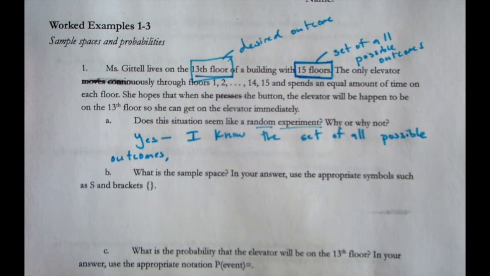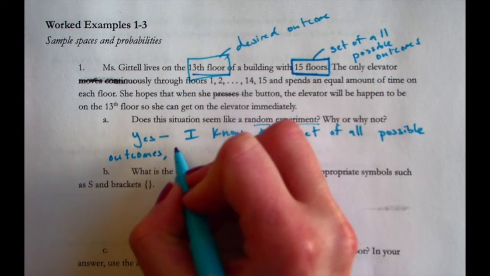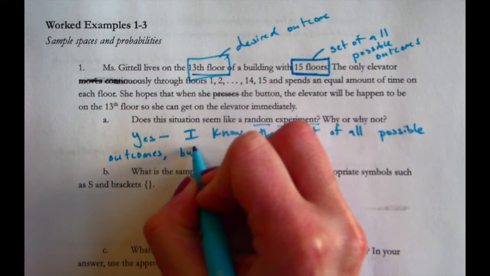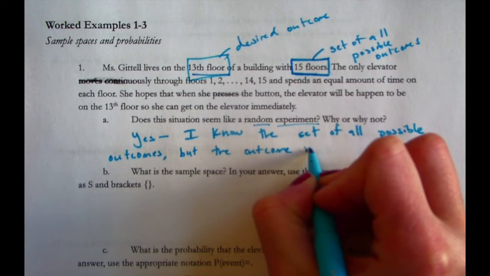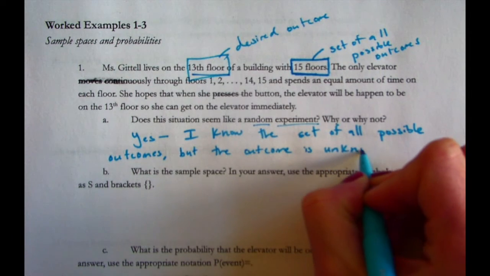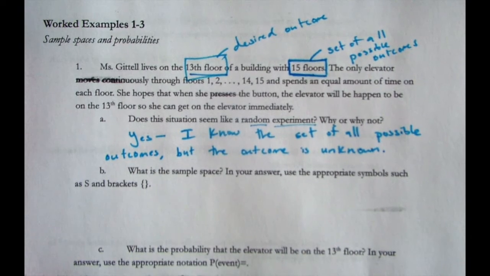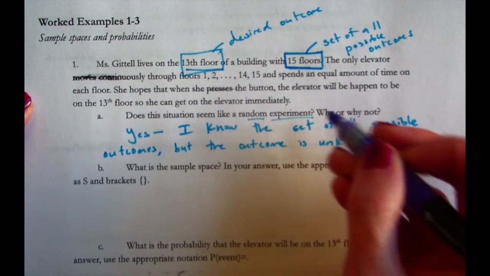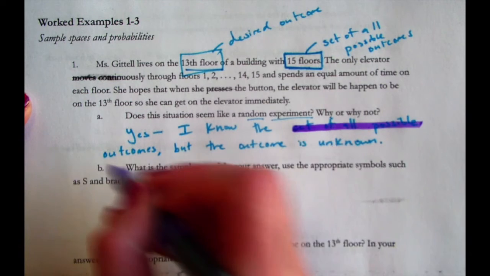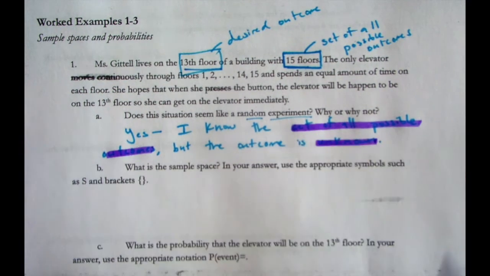I know the set of all possible outcomes, however, I don't know exactly what the outcome will be. So there's an element of uncertainty. The outcome is unknown. So the key thing that I'll be looking for in these justifications is that for a random experiment, you know the set of all possible outcomes, but the actual outcome itself is unknown.